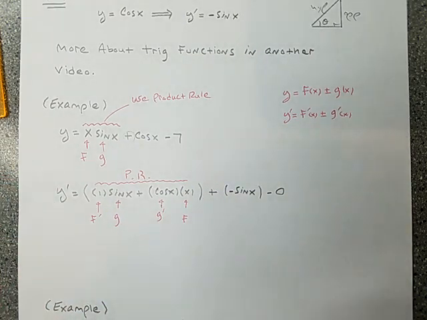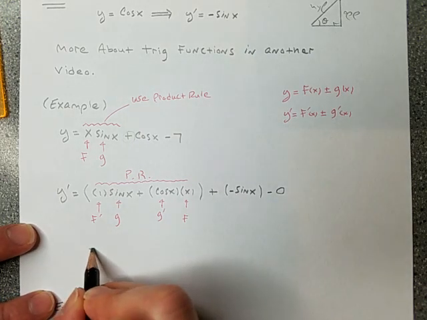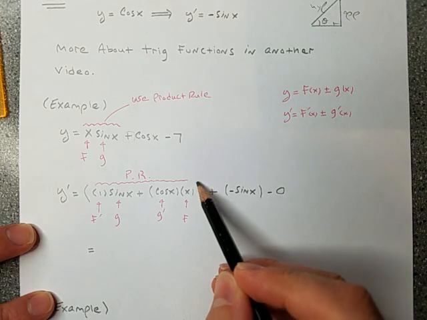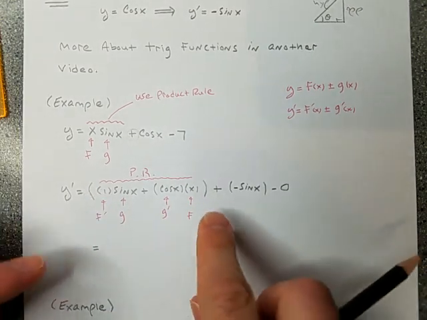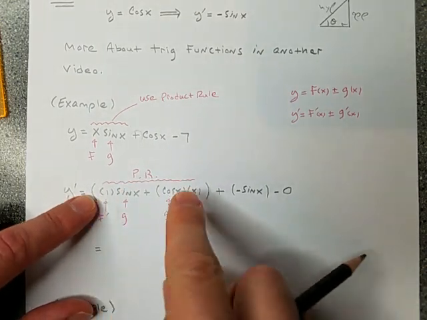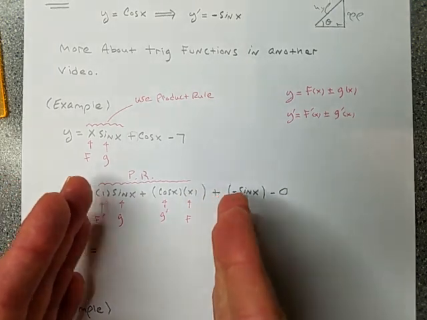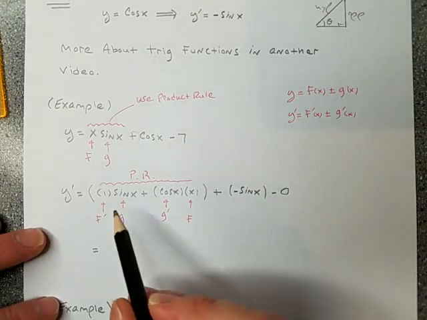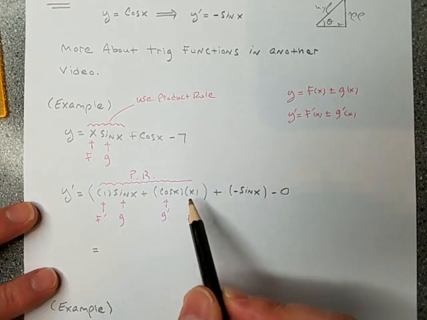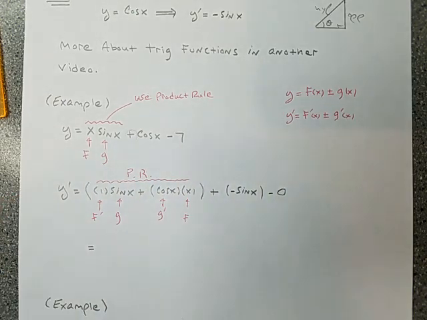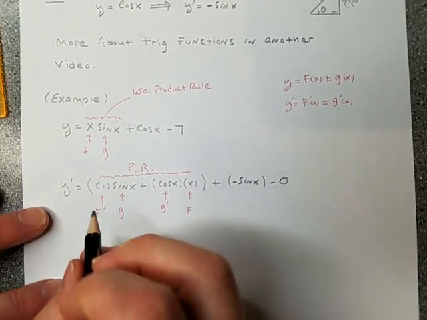Now, from here, I'll do whatever simplifying I can. This parentheses is only there because I wanted the part of this problem that was the product rule to stand out from the rest of it. It doesn't accomplish anything other than that. I might as well just have circled it with my red pen. But here's what we've got there.